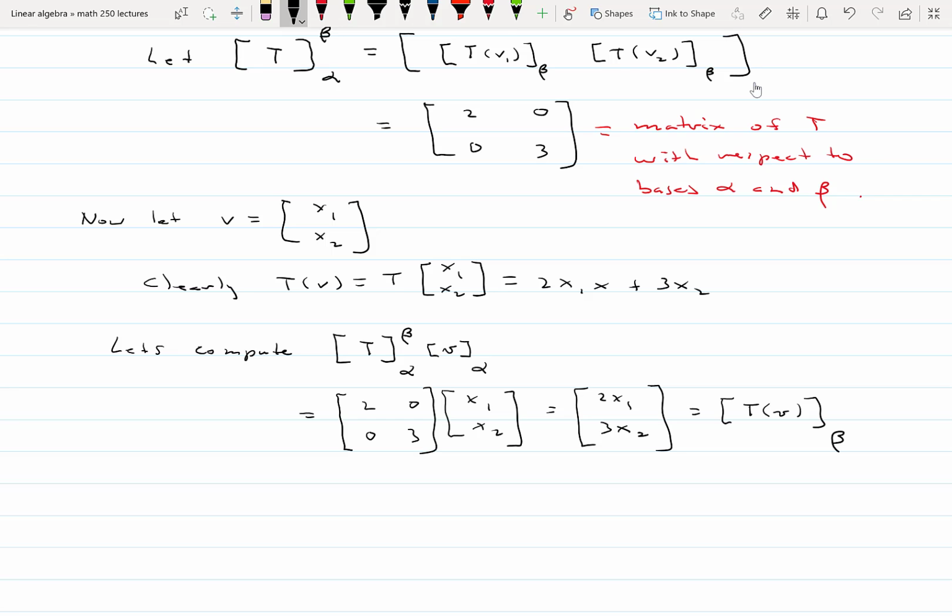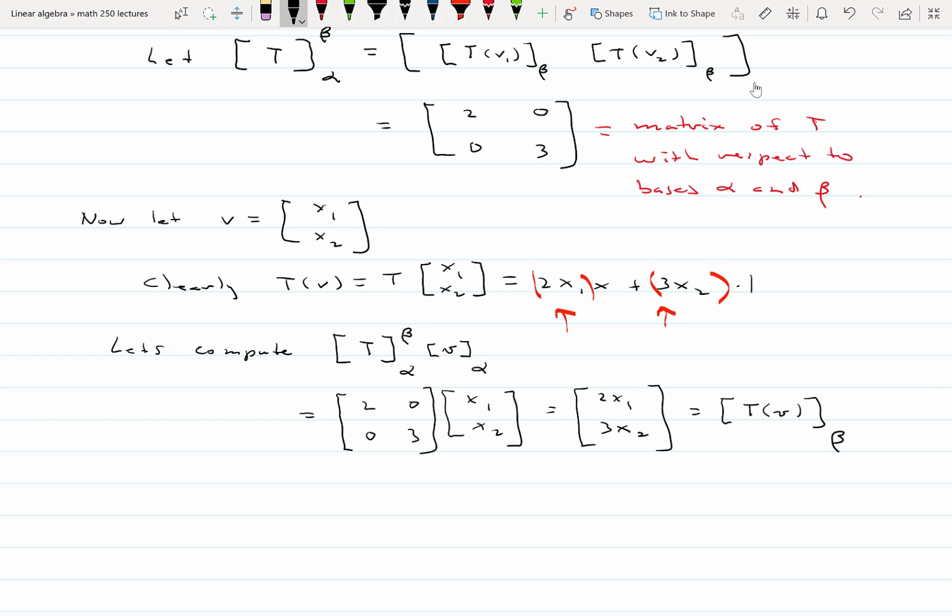Look at the coefficients of T of V with respect to the basis vectors beta.